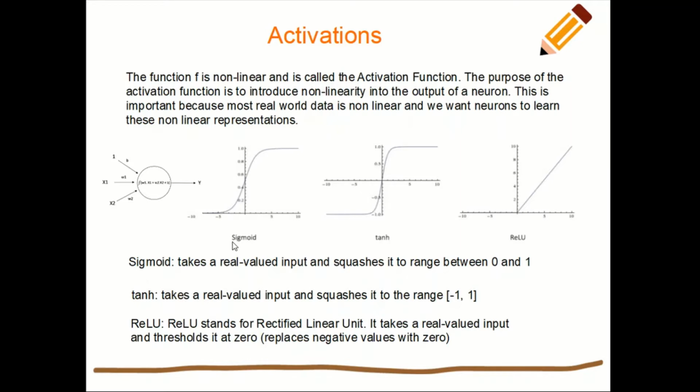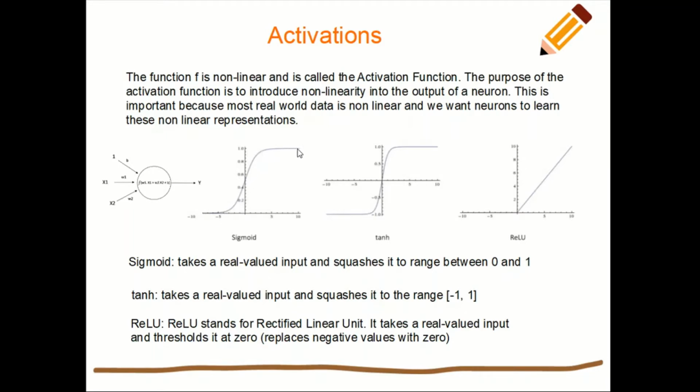So a couple of them which are most frequently used: the linear activation. So whatever is the input, that is the output, that is a linear activation. The sigmoid. So this is the input axis, right? When we increase the input, the output increases, but it saturates to a value.